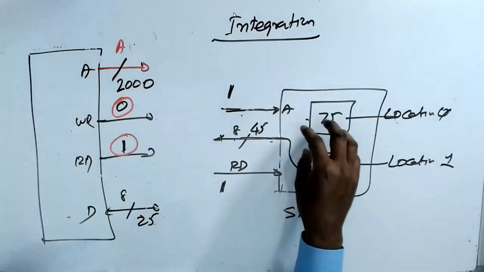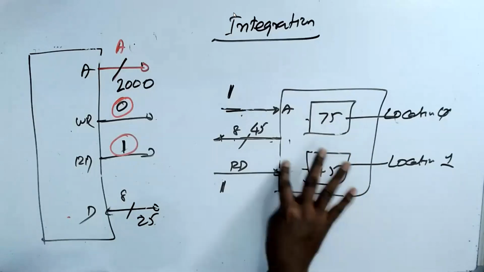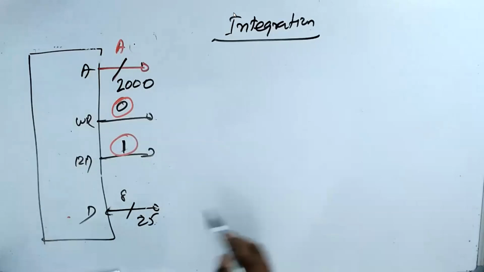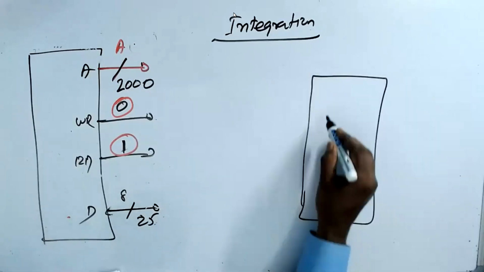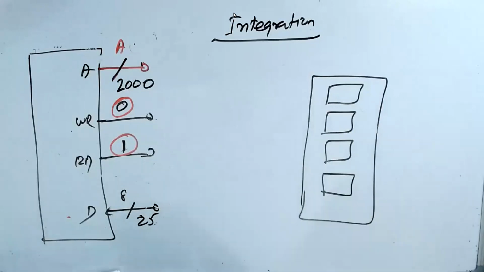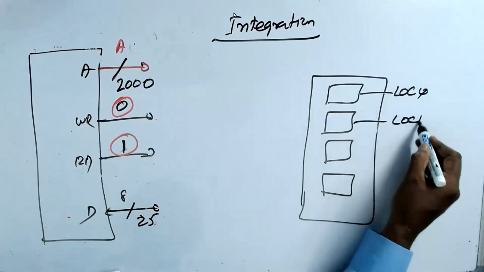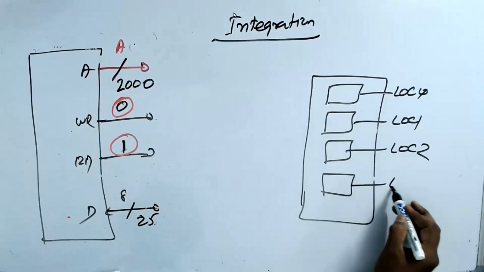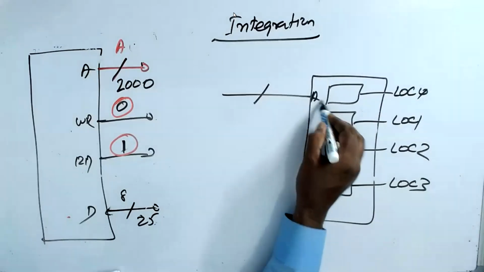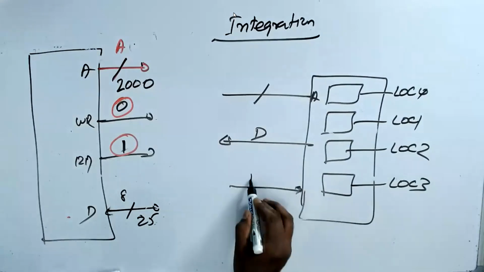How it works, we will discuss in our digital electronics class in depth. Right now, understand this. Then the engineers had 4 ROMs inside one chip: location 0, 1, 2, 3. I have 2 address wires, data and read.